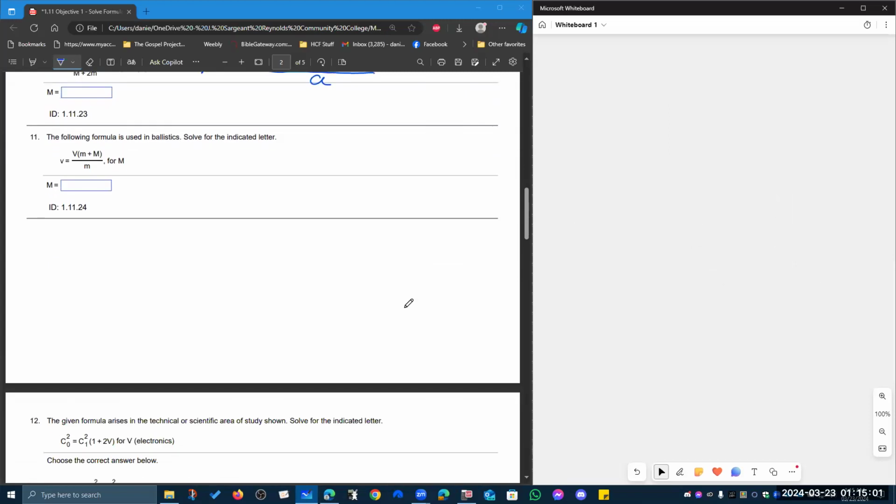Now we have the formula little v equals capital V times little m plus capital M over little m.